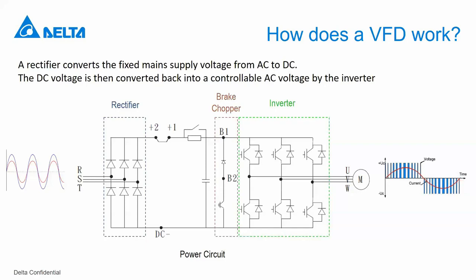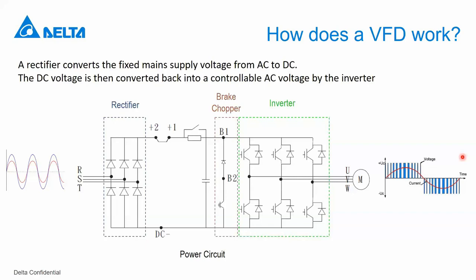Another frequency that we refer to is the carrier frequency, sometimes also called the switching frequency. This is the frequency which helps build the fundamental frequency. And this is normally somewhere between 2 kilohertz to 15 kilohertz. In order for the fundamental frequency to have a somewhat acceptable form or shape, there needs to be a minimum ratio of 1 to 10 between the fundamental frequency and the carrier frequency.